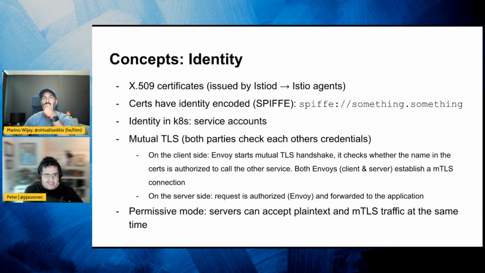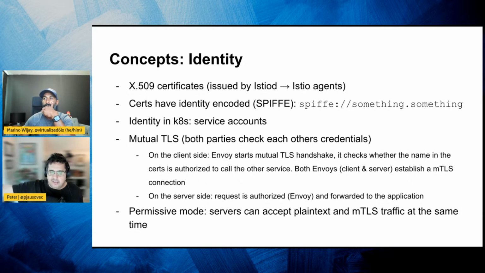So on the client side, service A, service B, right? Service A being the client side, let's say. Envoy on that side is going to start the mutual TLS handshake. Then it's going to check whether the name in the certificate, whether that SPIFFE ID, is actually authorized to call the other service, right? Envoy knows the service that we're calling because we've already issued the request. And it does this check right away. If it's not authorized, it's just going to say, nah, you can't do that, right?